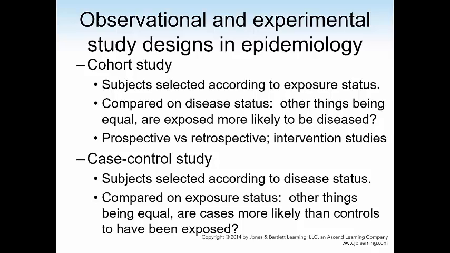Now with this, you could look retrospectively. You can say, okay, these people were exposed to this chemical. They were more likely to be diseased. And you can take that data, retro being in the past.